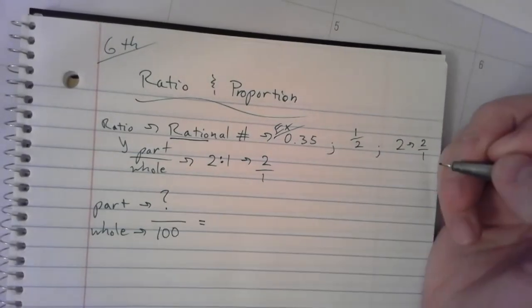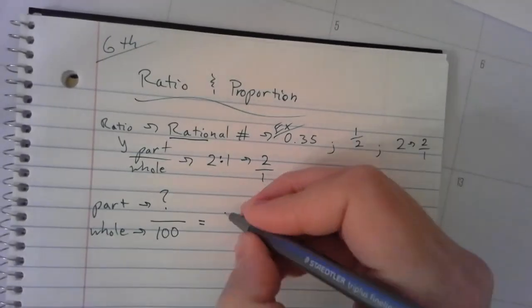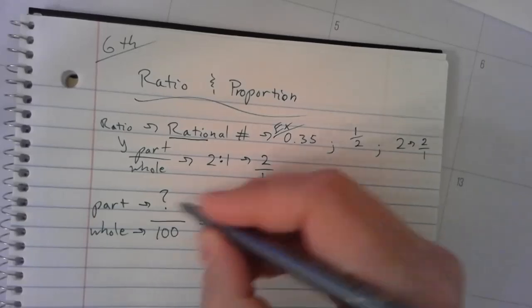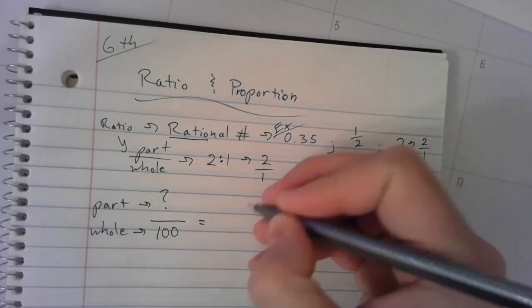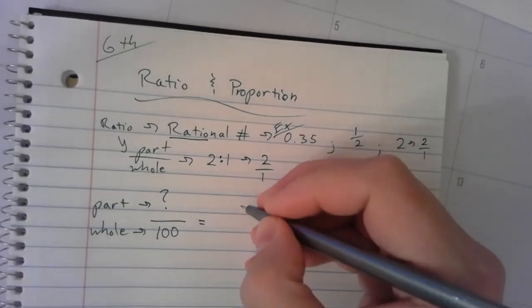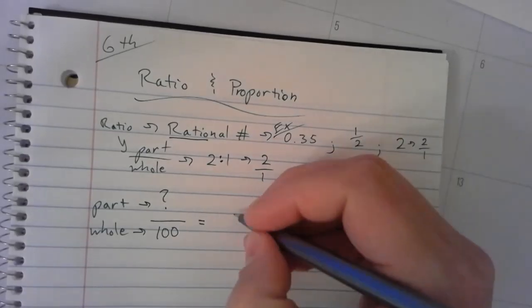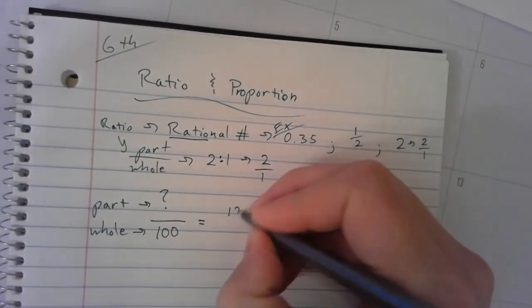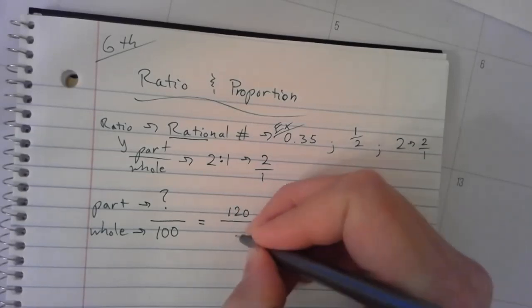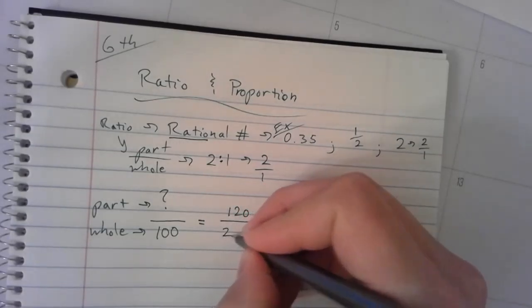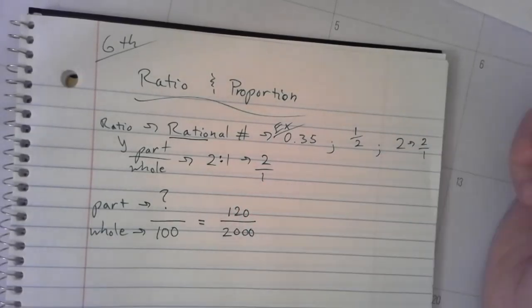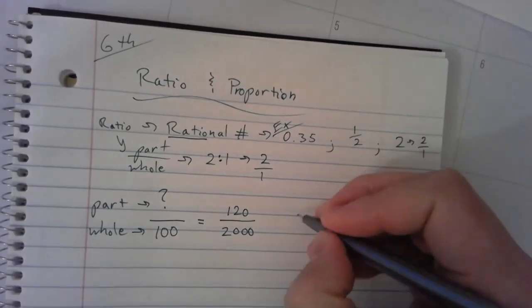Okay. And then we're going to relate this to a ratio or fraction that we do know, which would be something like 120 over 2,000.